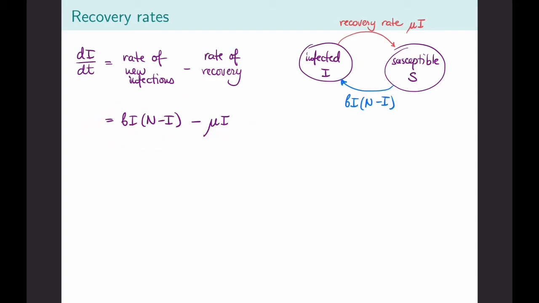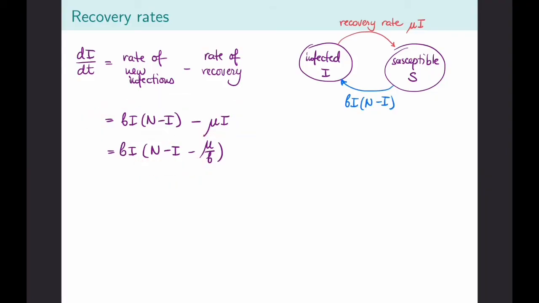So in my next step, I'm going to try to combine these two terms, and I'm going to combine them by factoring out bI from both brackets. So in the first bracket, I have N minus I here. And then if I factor out bI from this term, I'm going to get minus mu over b. You can check my work here by opening up the brackets and ensuring that I have the previous line back.